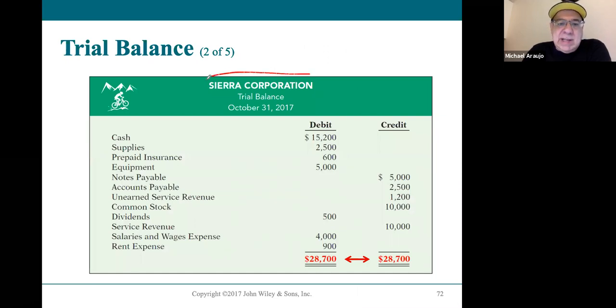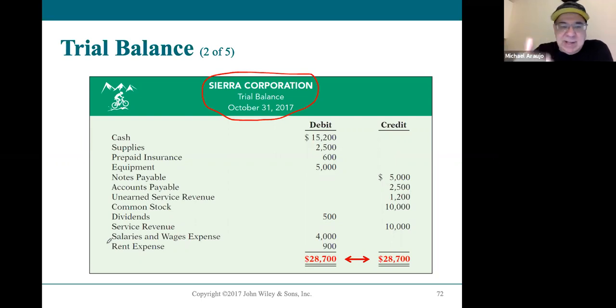So here is the trial balance for Sierra Corporation based on the ledger. These accounts come directly from the ledger that we just looked at. And you see the ledger started with cash, right? The asset accounts were listed first, liability accounts were listed second, et cetera. All of this list simply is from the ledger.